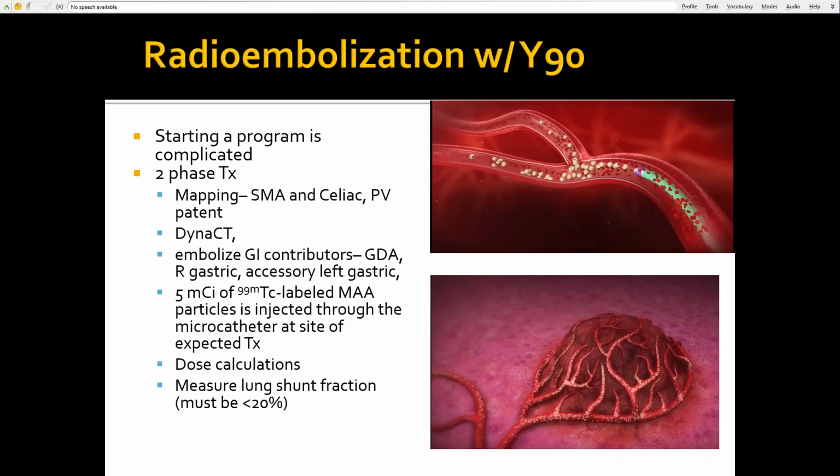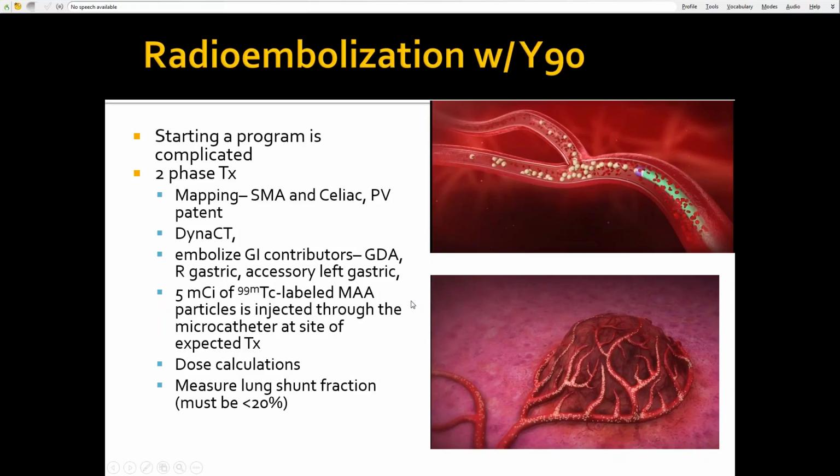In addition, during the mapping portion of the study, we inject a little bit of MAA at the desired location of the treatment itself to make sure there's no significant shunting that could cause radiation pneumonitis. It's rare, but you got to check for that. Then you can use a dose calculation based on how much liver you're treating, and come up with a dose that you can utilize. All those things are part of the pre-treatment.